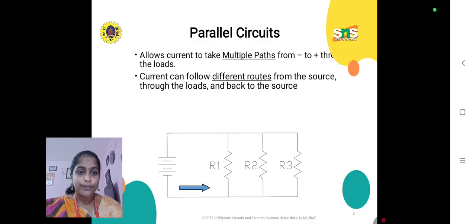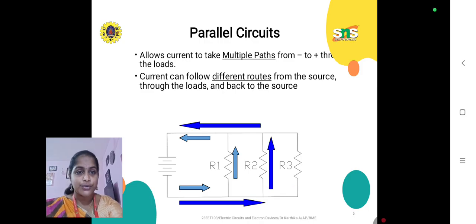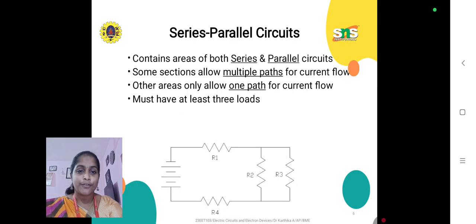See the current flow. Through R1 it has one route, through R2 another route, and the third route is through R3. It follows different routes.